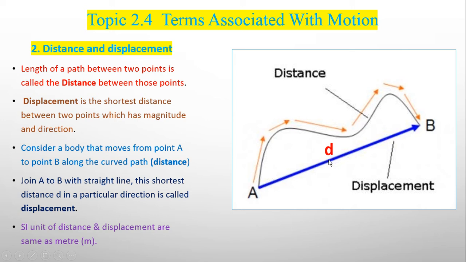Then this distance is in a particular direction. You can say now your body is moving from point A to point B with the shortest distance in a specified direction. So we can say displacement is the shortest distance between two points which has magnitude and direction.